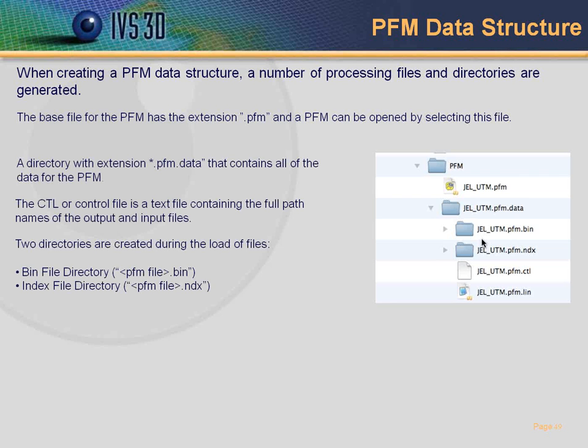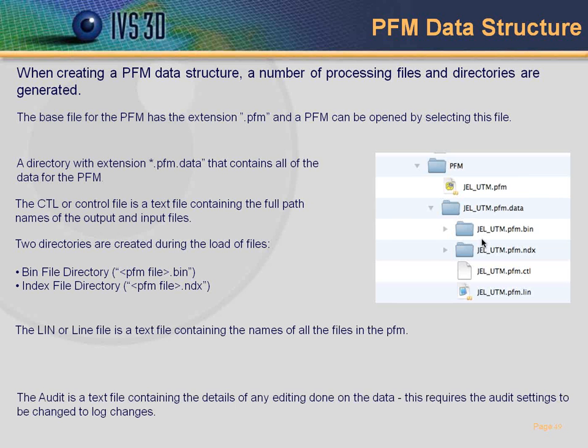So if you send that little SD file to somebody else, they won't be able to access the PFM. You'd have to include the whole kit and caboodle. So that's just how it sits on disk.